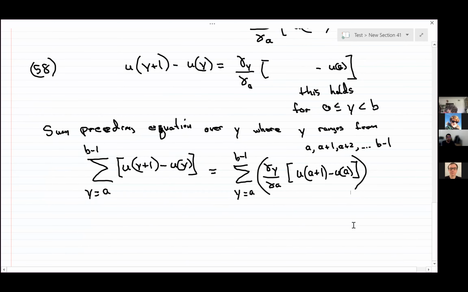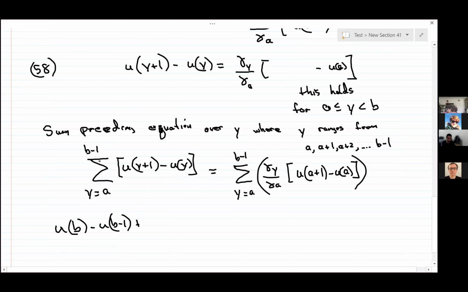Maybe the best news or the easiest news is this is a telescoping sequence. So if you wanted to start from the top down, if you put in b minus 1 for y, you get u of b. This b minus 1 plus 1 is just that, minus u of b minus 1. So that's the term you get when you put in the top term in the sum.